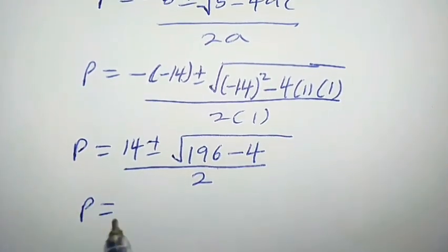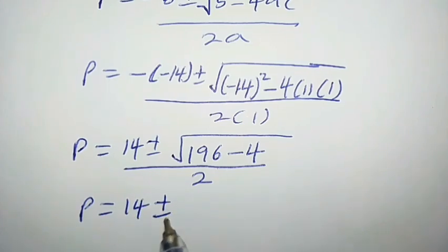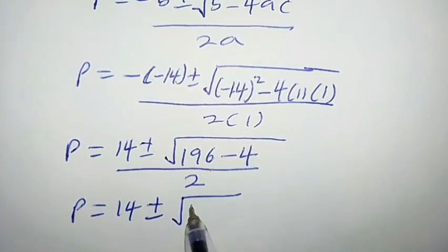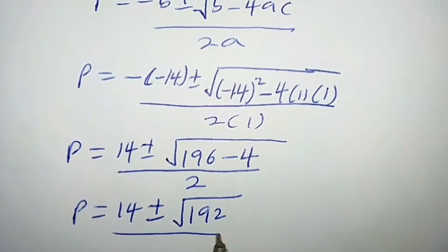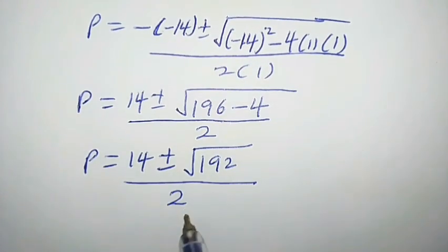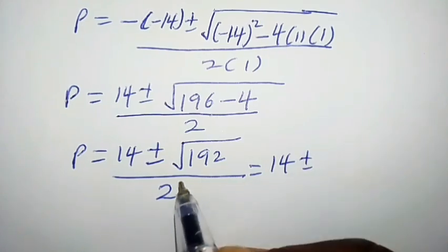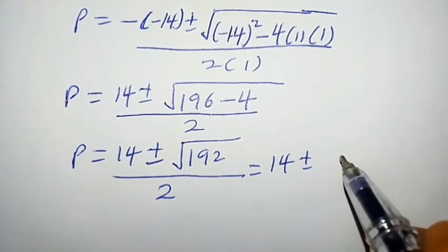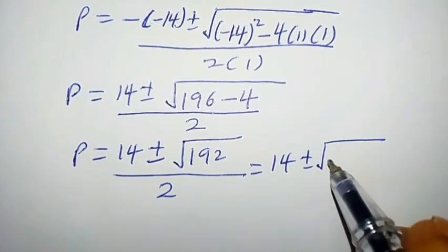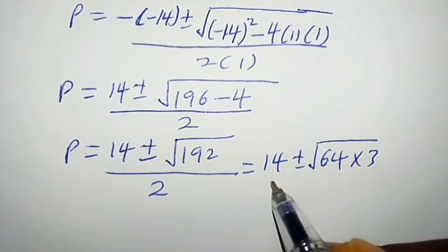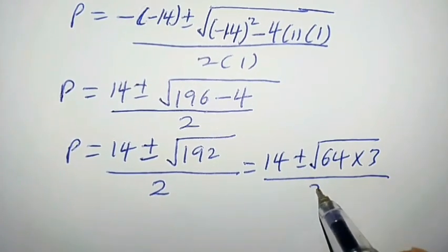P is equal to 14 plus or minus square root of 196 minus 4, that is 192, all over 2. This is equal to 14 plus or minus square root of 192, which can also be written as square root of 64 times 3, all over 2.